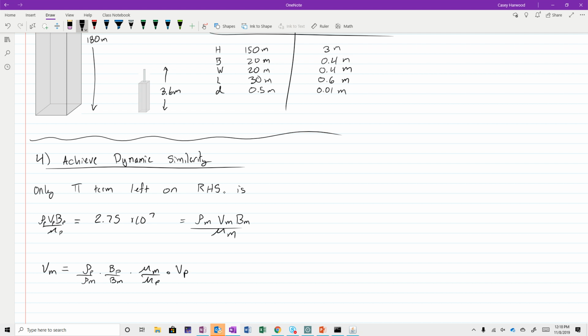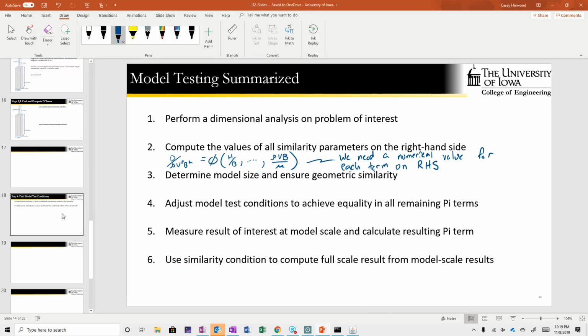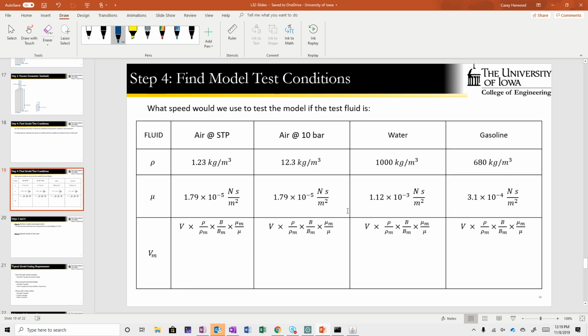So we could consider a couple of different fluids that we might test in. I've got a table made up here with 4 different ideas for fluids that you could run this in.